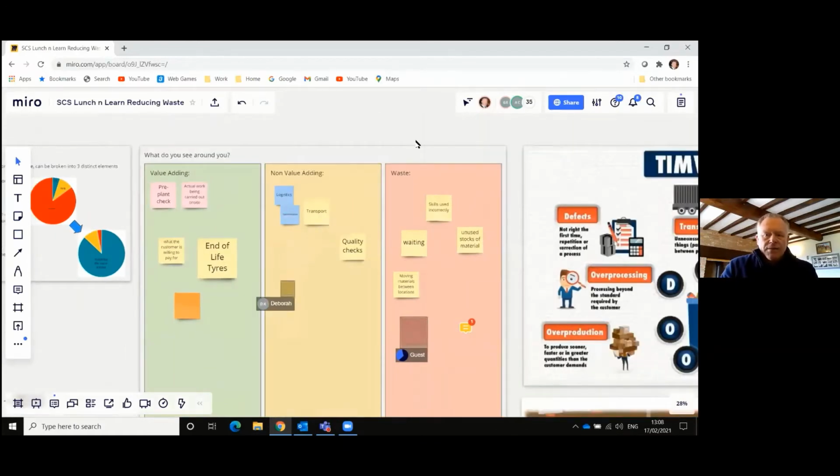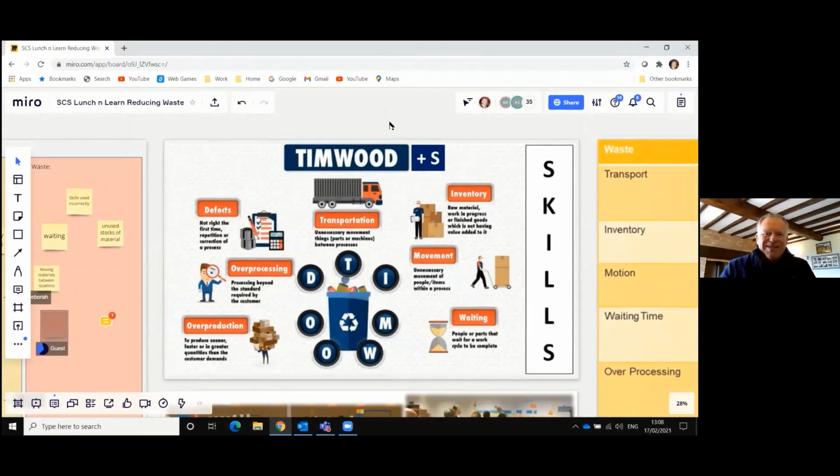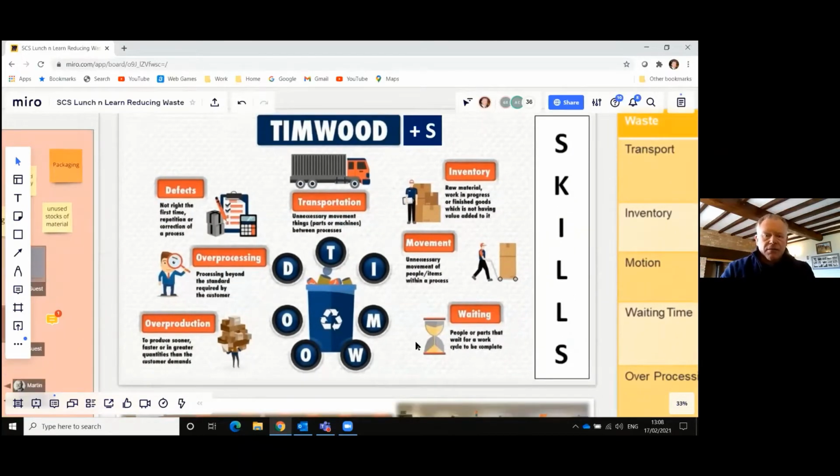So waste. This is our opportunity now to see what is actually happening on site. Typically, people will walk past activities without really understanding what is waste, what is value added or non-value added. So I reference here the Tim Woods, and this is an acronym, and the acronym stands for transportation, inventory, movement, waiting, overproduction, overprocessing and defects.